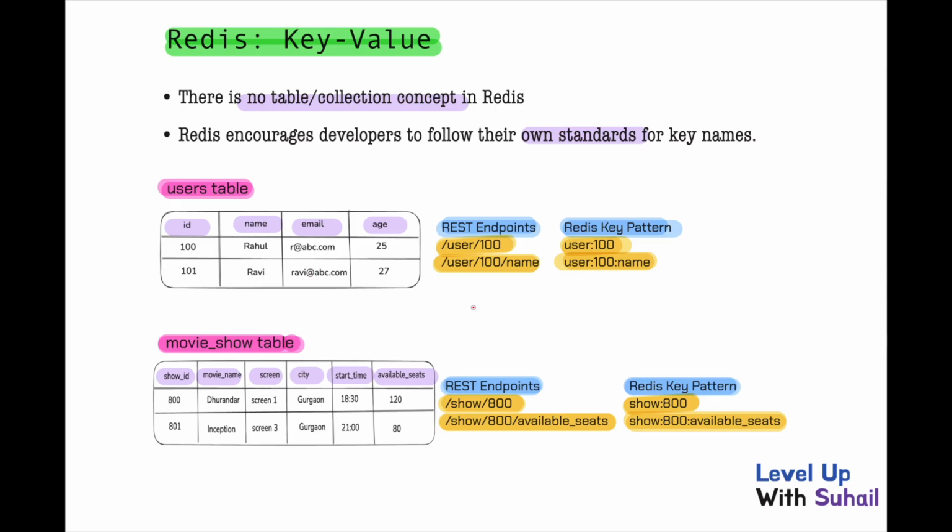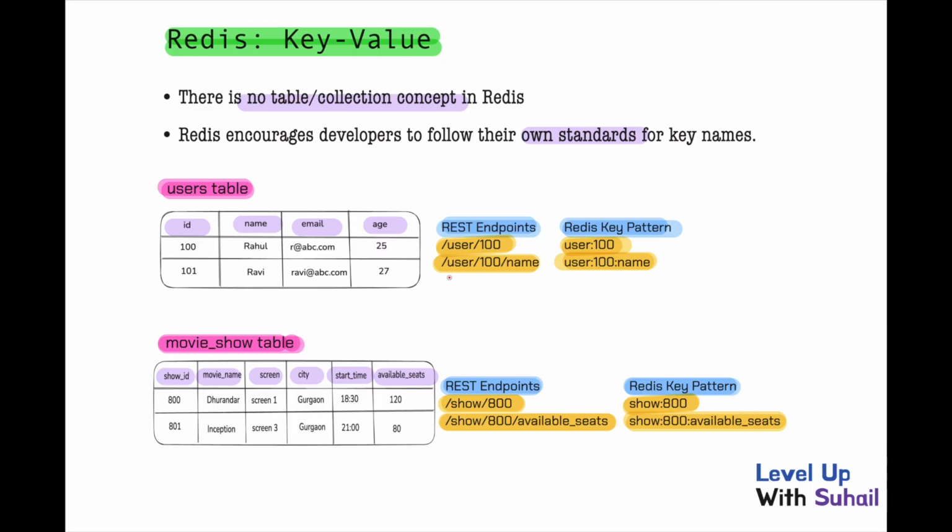Now, if I ask you what endpoint you would create to fetch these users, you will create the endpoint like this: /user/100. And to fetch a particular column which is very frequently used, let's say hypothetically the name is being accessed among many services, you don't need to give the whole object to all the other services.